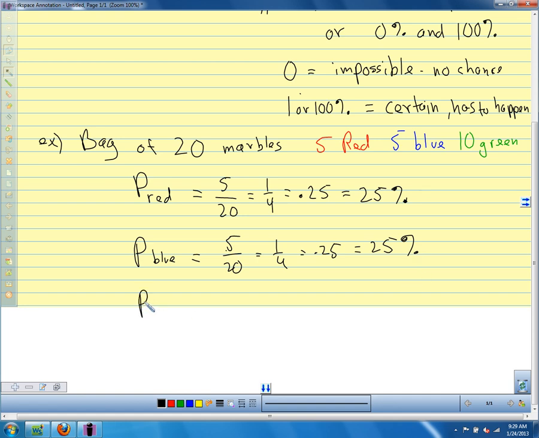And finally, what's the probability of a green? 10 out of 20. Favorable is 10, out of 20, 1/2, as a decimal 0.5, as a percent 50%. So all of those are the same, telling us the probability of picking out a green.